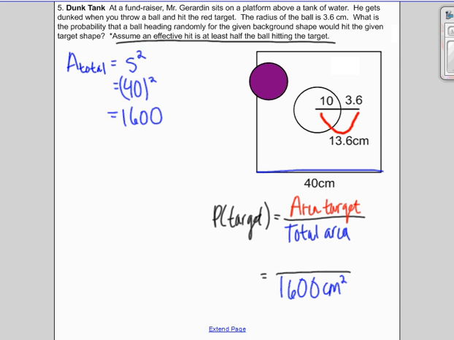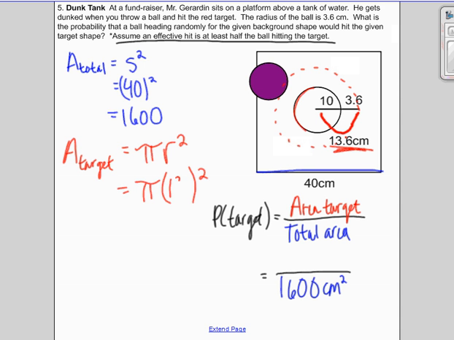And then I need to find the area of the target. Because the ball doesn't have to land exactly on this, your radius is actually this whole piece here. So the radius that you're plugging in to find the area of the target is pi r squared. And my radius then would be 13.6.